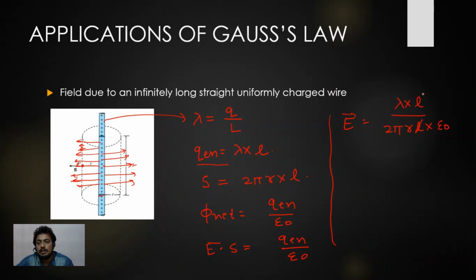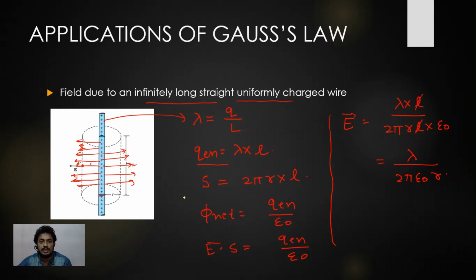So it will be lambda divided by 2 pi epsilon r. So this is the electric field due to infinitely long, straight, uniform charged wire.